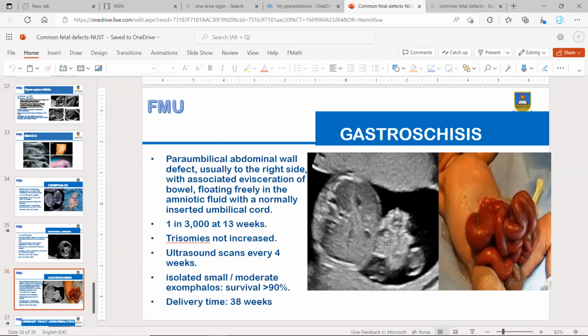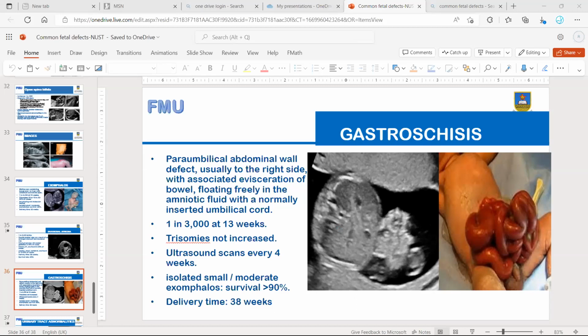What do we have to watch for? We have to watch for dilatation of the bowels. Sometimes the intra-abdominal bowel, the one that remains, may be dilated, or the extra-abdominal bowel may be dilated. The bowel may strangulate itself on itself and dilate. Unfortunately, this may not be a good sign.